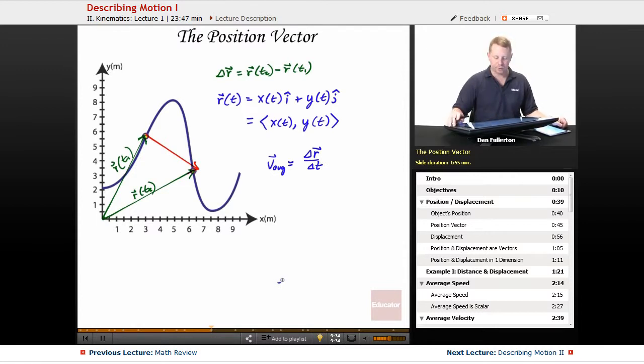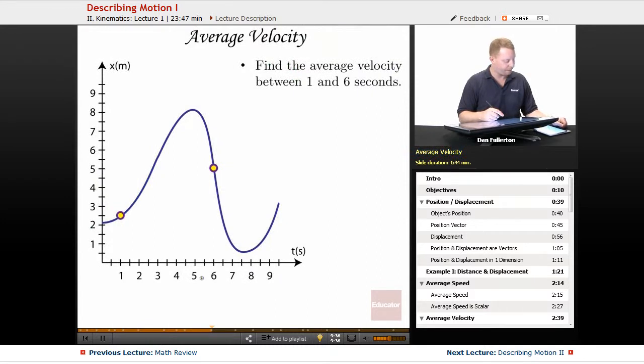So if we go further into average velocity, we have a particle traveling along a path. Find the average velocity between 1 and 6 seconds. Well, the average velocity is our change in position divided by time. If we're looking in the x, that's going to be x minus x0 over t. Note that we're just traveling in one dimension.